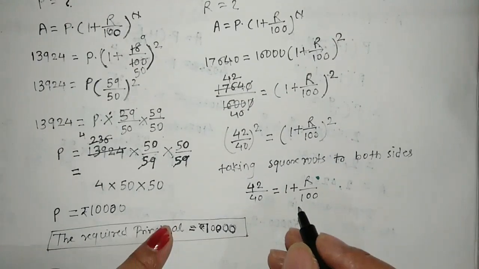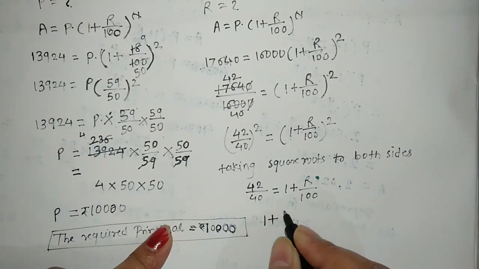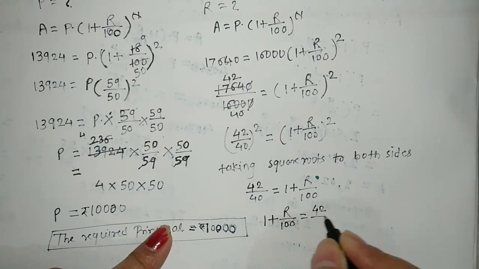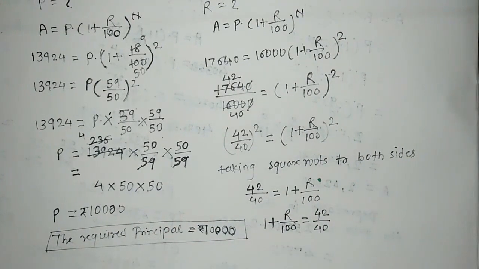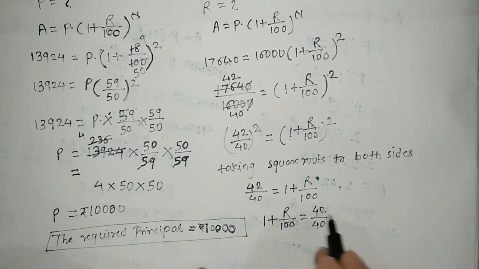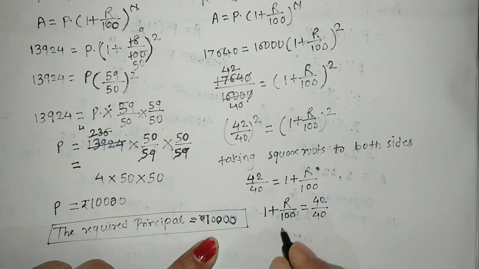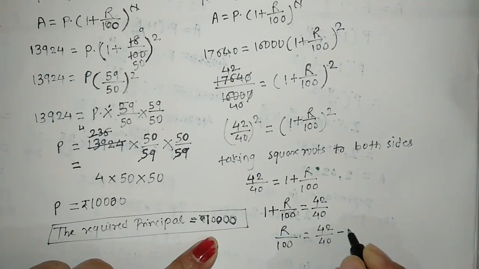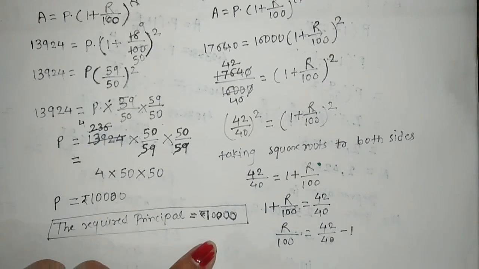Now just change the sides here. 1 plus r upon 100 is equal to 42 upon 40. Correct? So this 1 goes to that side: r upon 100 is equal to 42 upon 40 minus 1.